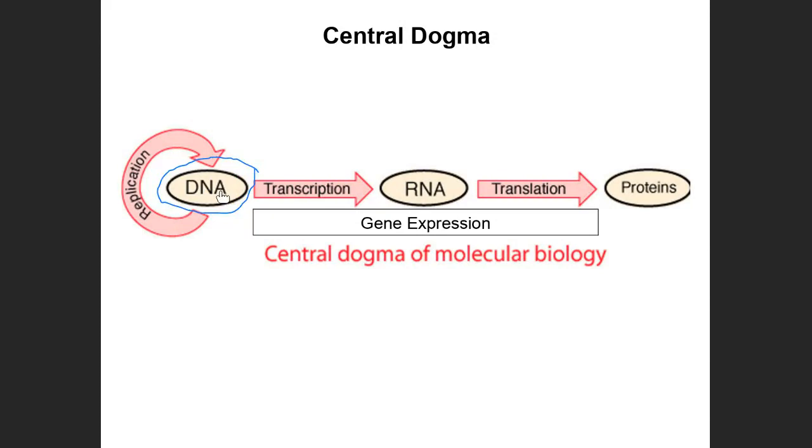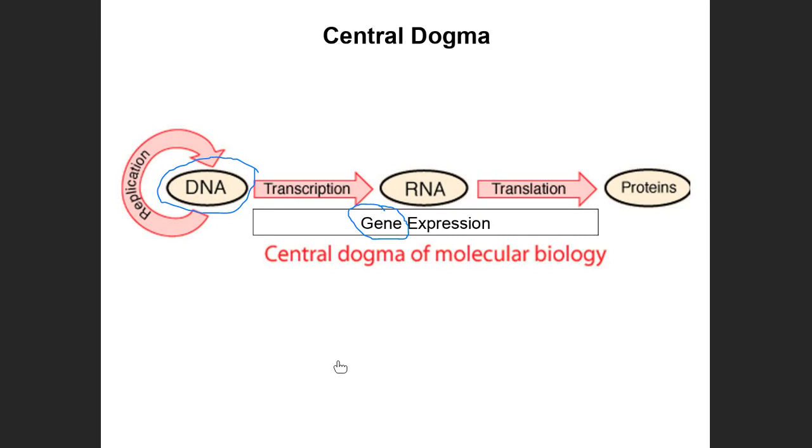DNA is at the center of a process called DNA replication. We take parent double-stranded DNA and we replicate it, and we end up with two molecules of double-stranded DNA that are identical. Okay. Why is it important? When one cell divides into two cells, we want to make sure that both cells get identical copies of that double-stranded DNA, because that double-stranded DNA contains genetic information in the form of genes.